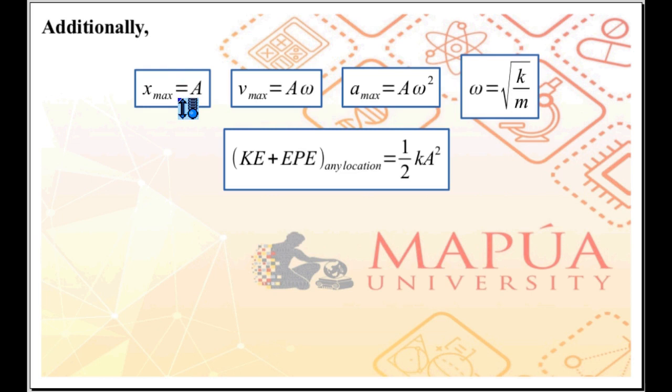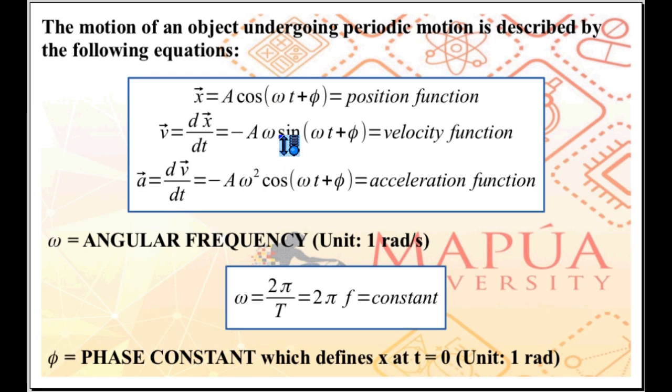Additionally, the maximum value for x is given by A, the maximum value for v is given by A omega, and the maximum value of the acceleration is given by A omega squared. These values for the maximum of x, v, and a are the amplitudes or magnitudes of the position function, velocity function, and acceleration function.